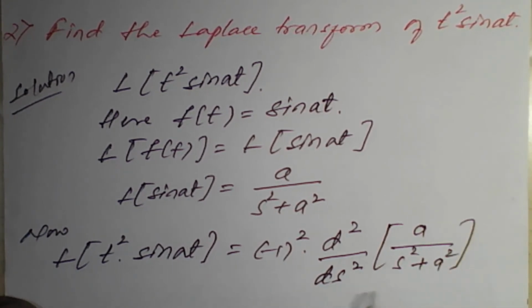So I have applied property number 2. In place of n, we replace 2, so we get this result. On simplification, we know that minus 1 square is plus 1, so therefore this result will become 1. Then we need to differentiate this a upon s square plus a square twice. We'll see now.